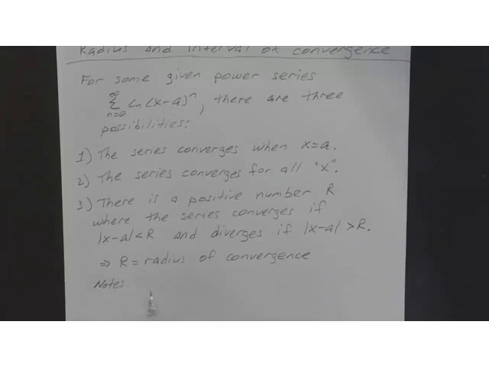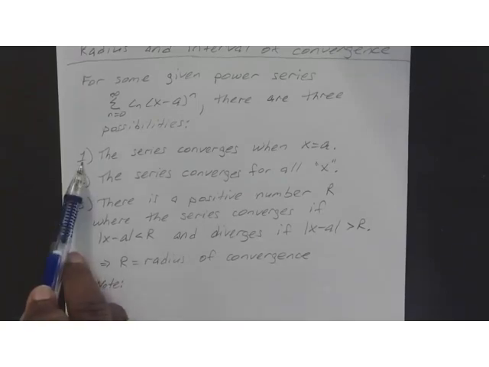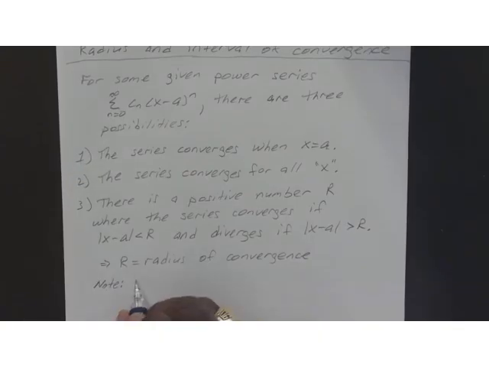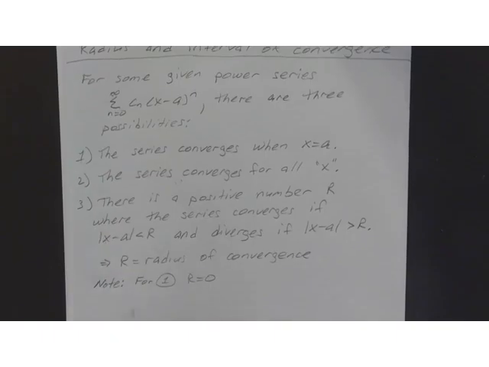Okay. Now for possibility number 1, that was just when your radius of convergence was equal to 0. And for possibility number 2, that's what happens when your radius of convergence is infinity, every possible value.